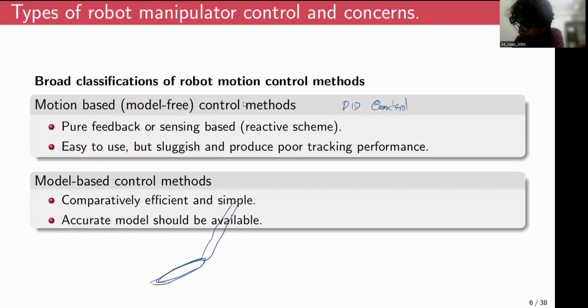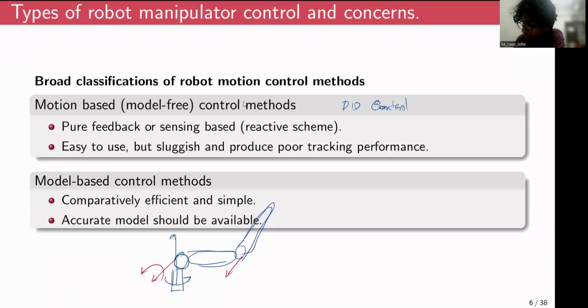Maybe you can have a 3-DOF robot manipulator, something like this, which can rotate about a vertical axis, and then 2 revolute joints, perpendicular to the plane of the board, something like this. So this is like a 3-DOF robot manipulator.